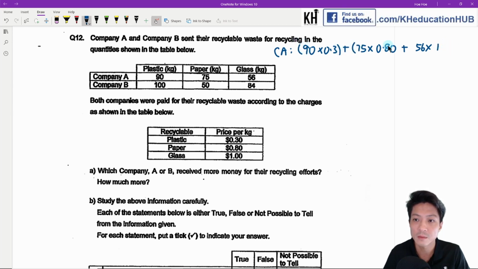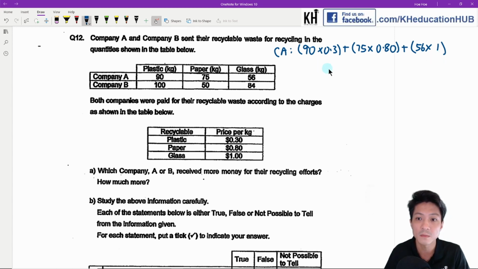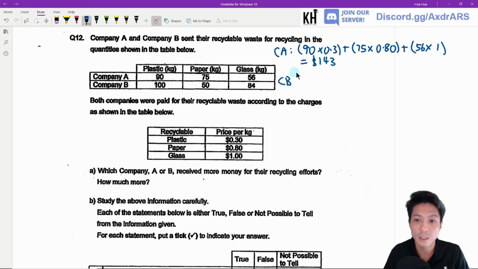Okay, let me bracket it up so that it won't be so confusing. Okay, 90 times 0.3 plus 75 times 0.8 plus 56 is 143.